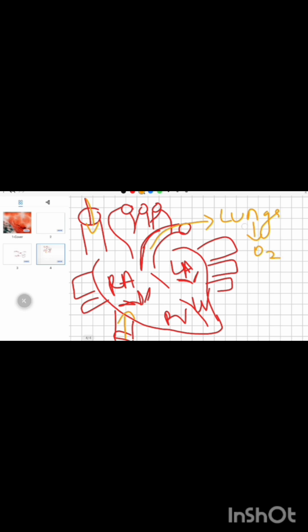And again, the lungs send oxygenated blood through the pulmonary veins into the left ventricle. This left ventricle again pumps the oxygenated blood through the systemic aorta. I know this sounds very scary, so let's make it a simple thing.